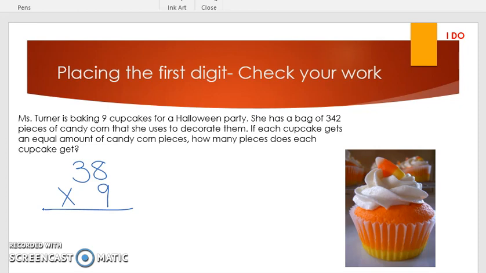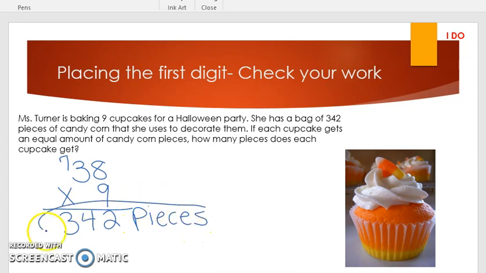So 8 times 9 is 72. We're going to place our 2, regroup our 7 to the tens. 9 times 3 is 27, plus 7 more is 34. 342 pieces of candy corn, and this tells us that we got the right answer.